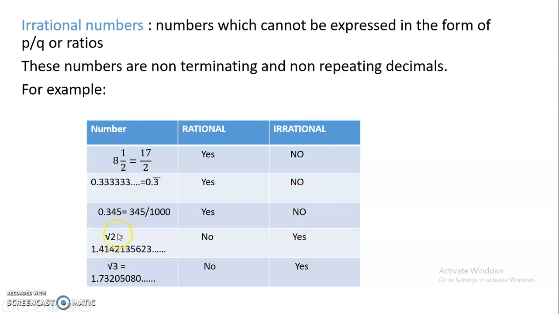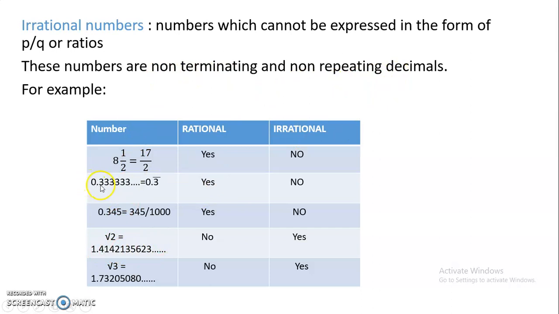Then see, this is root 2. Root 2 is the example of an irrational number. How? Now see over here, this series 1.414213563, this is non-terminating. This has no end. So irrational numbers have no end. They do not terminate and they are non-repeating decimals.